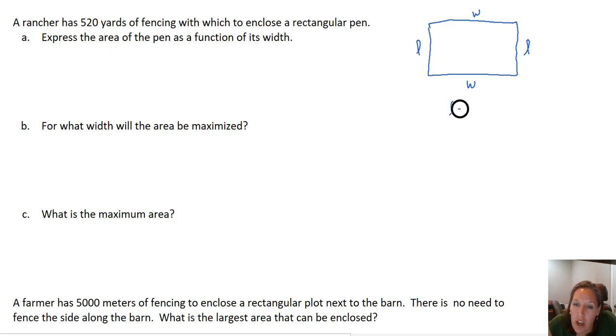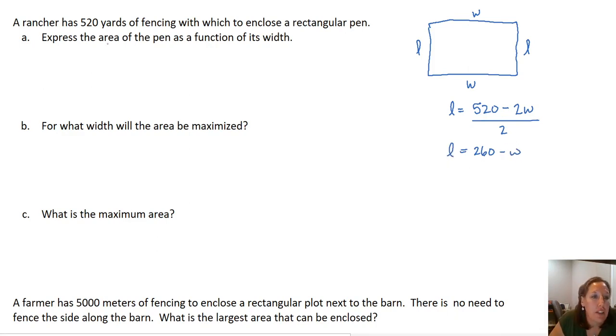So that means that our L is going to be 520 minus the 2 times W that it's going to take to do the top and the bottom, and then we got to split that in two to get our length. And the good news is this one simplifies quite well. 520 divided by 2 is 260, and 2W divided by 2 is going to give us a W.